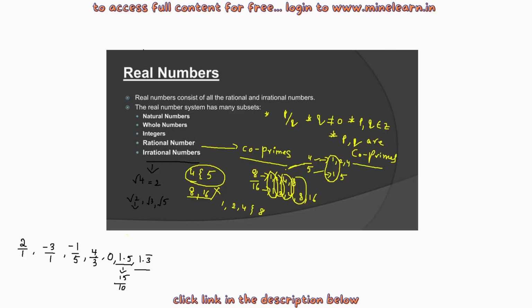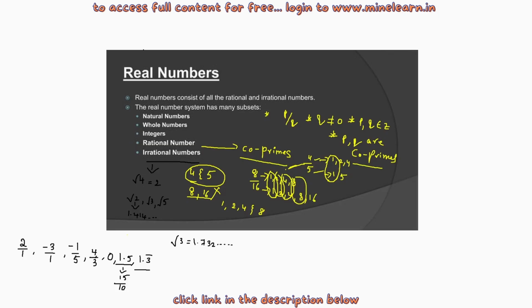If we do the long division, the value of root 2 is 1.414 approximately. Means non-terminating, not repeating. Consider root 3. The value of root 3 is 1.732 and so on. That means non-terminating and not repeating.